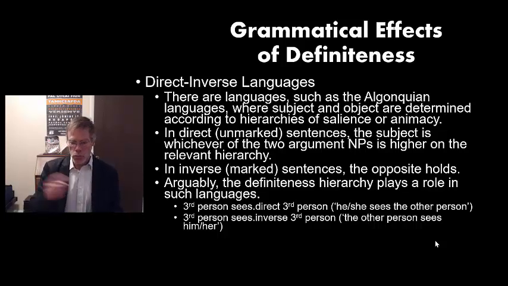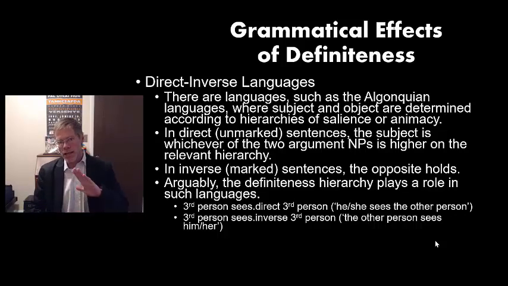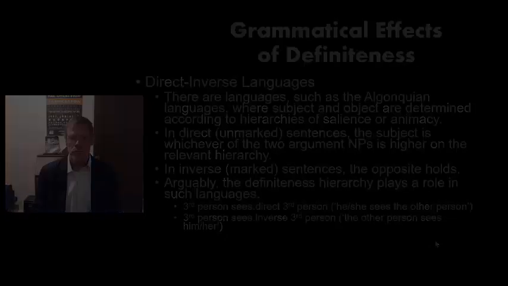On the other hand, if you put the inverse marking on that verb, then it flips it, and then it becomes the other person sees him or her. And I would argue then that that lines up pretty nicely with our definiteness hierarchy as well. And again, I think that's an argument for this sort of phenomenon existing cross-linguistically.